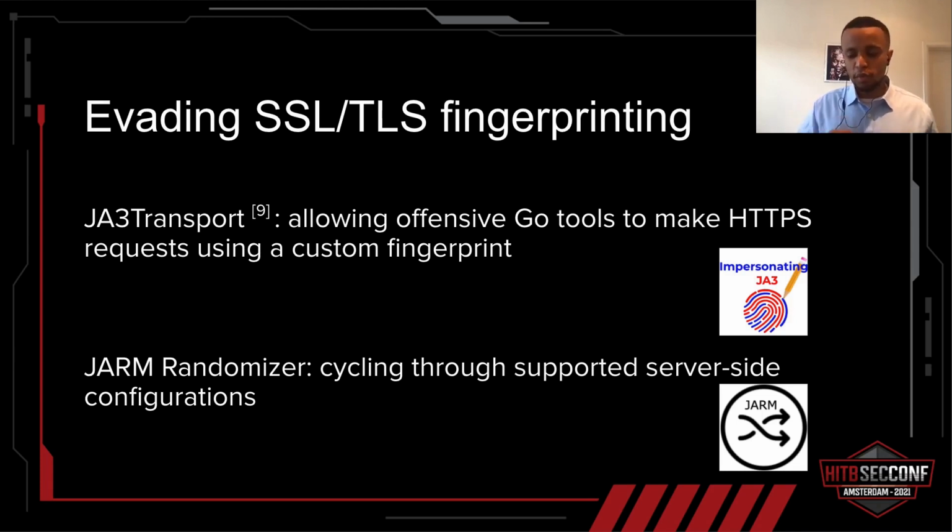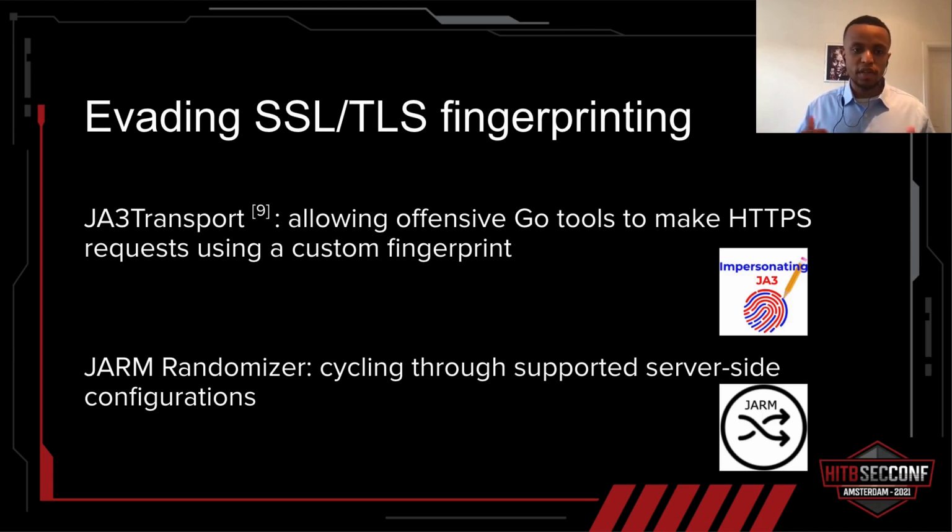If you remember from our initial presentation of JA3, JA3 is used to passively fingerprint Client Hello packets to identify what kind of application made that request. So things like your browser versus a Slack client or some malware that may be on your system, right? JA3 can be a really useful tool to fingerprint and identify these client applications.